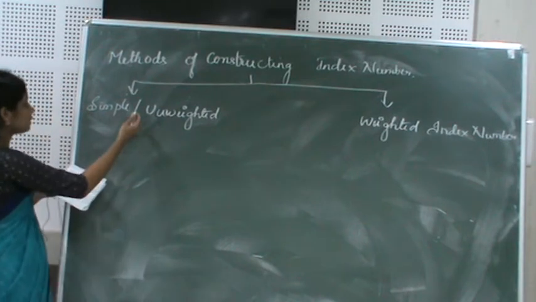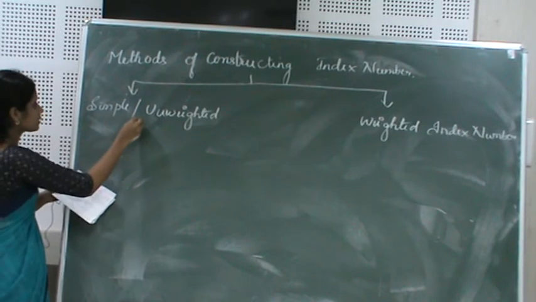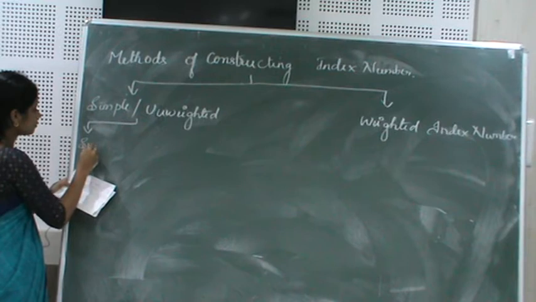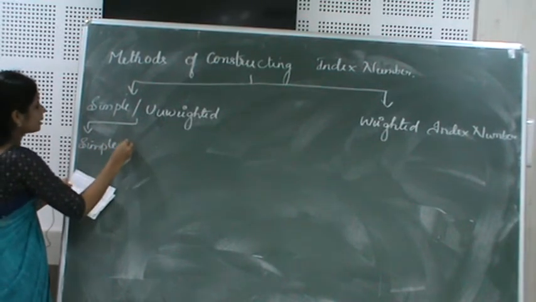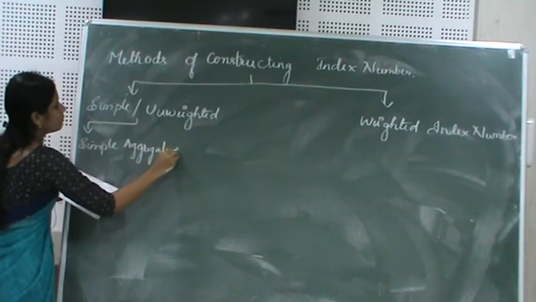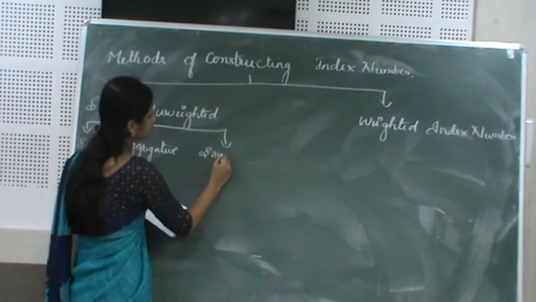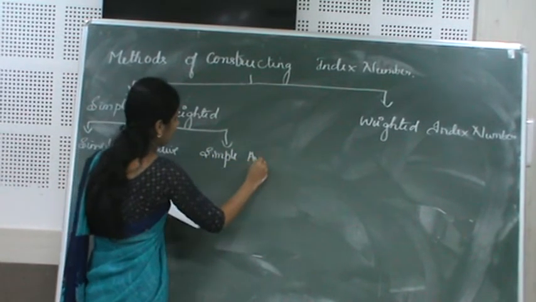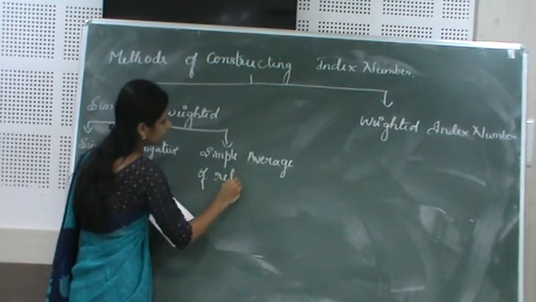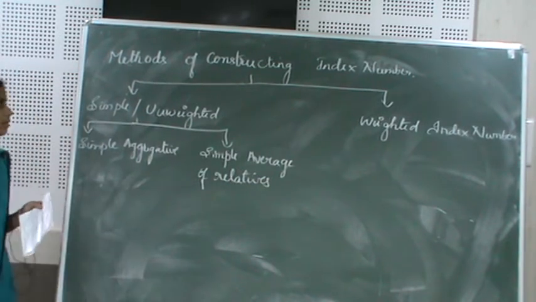Further, simple or unweighted index number is classified into two types: simple aggregative method, and simple average of relatives method.